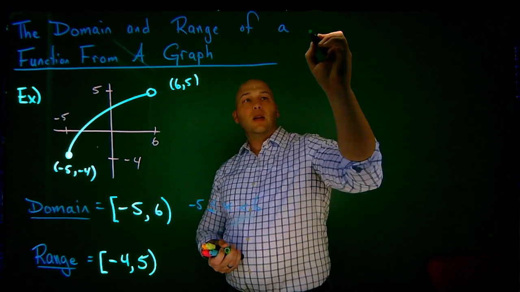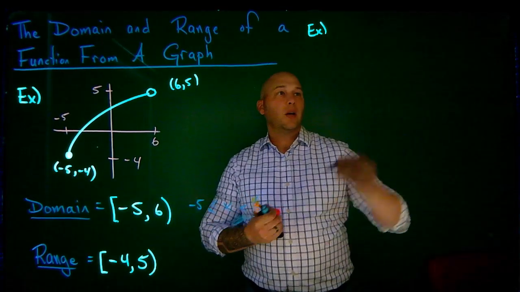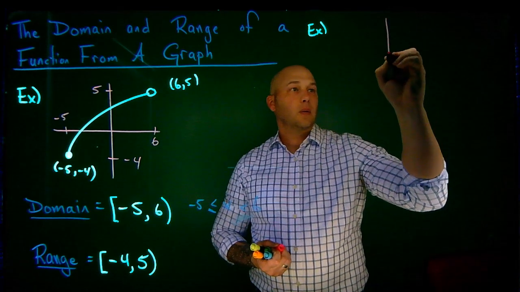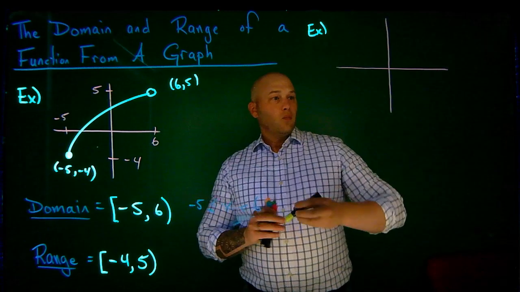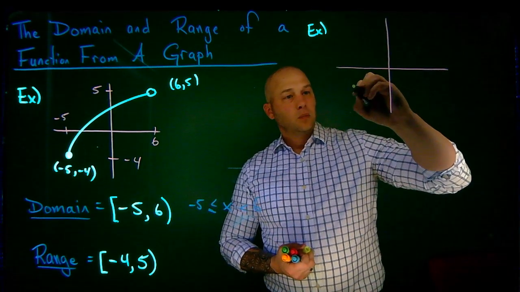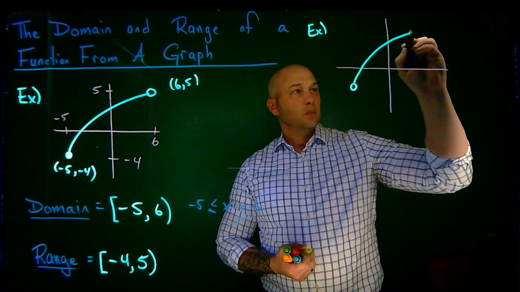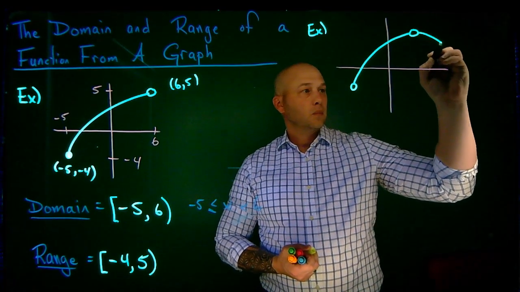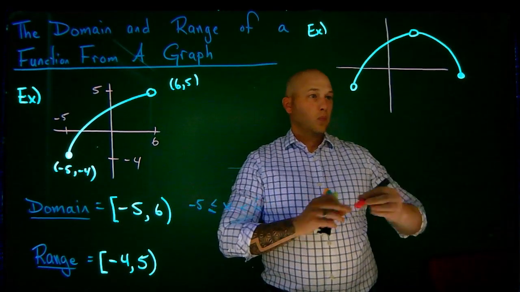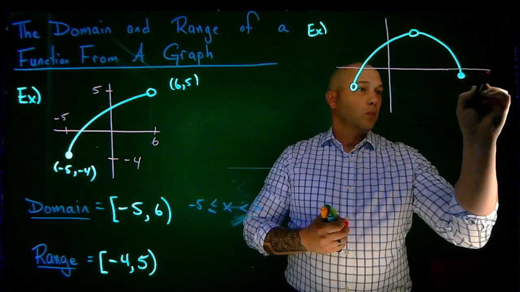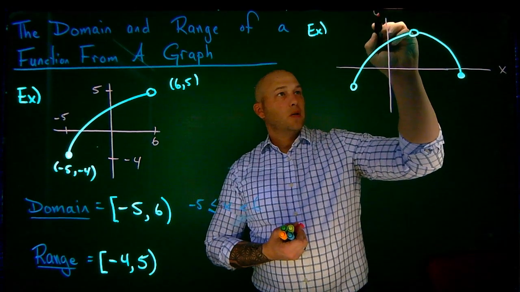At any rate, let's take a look at another example. And let's say I've got a graph that looks like the following. Quick reminder, of course, this is the x-axis and this is the y-axis.